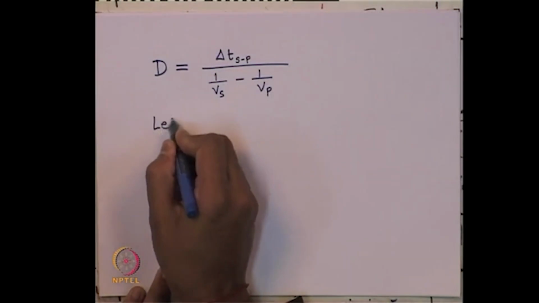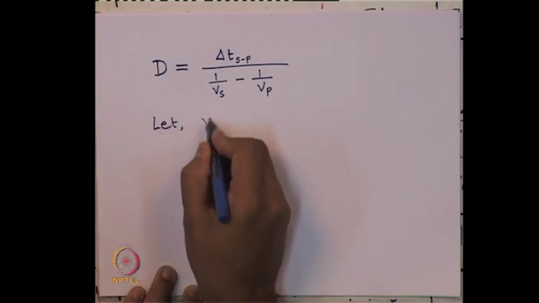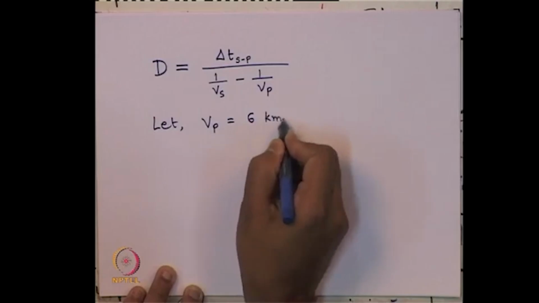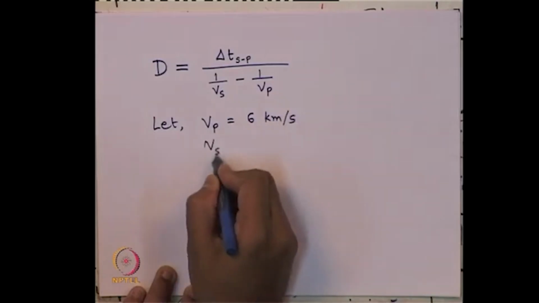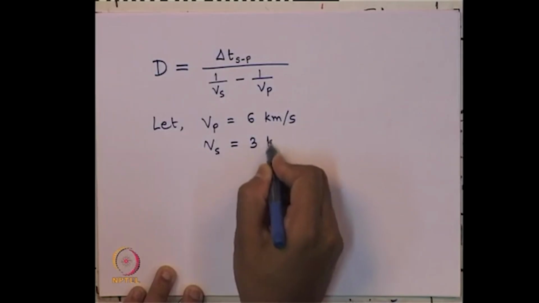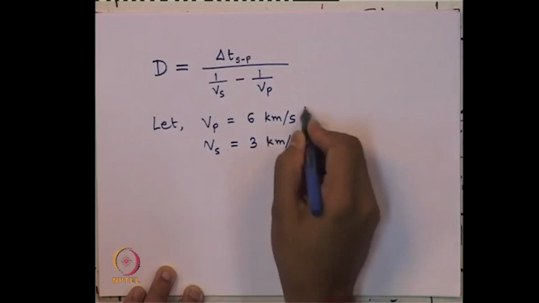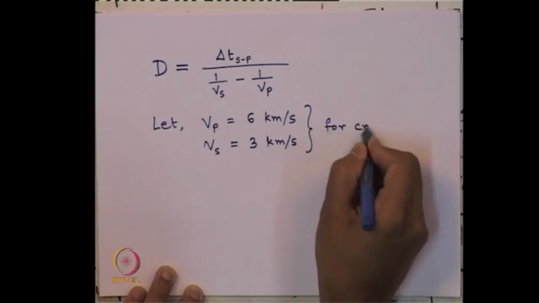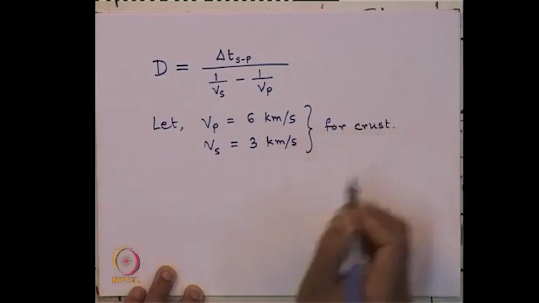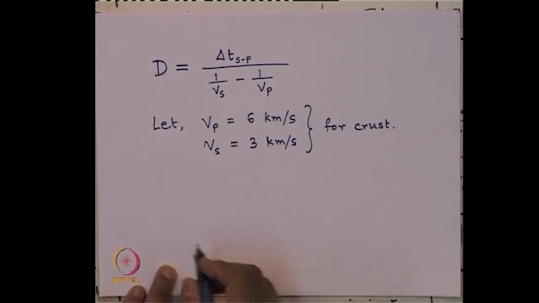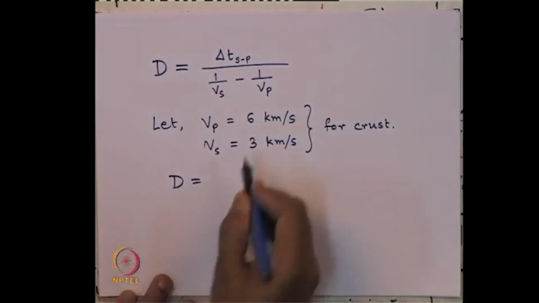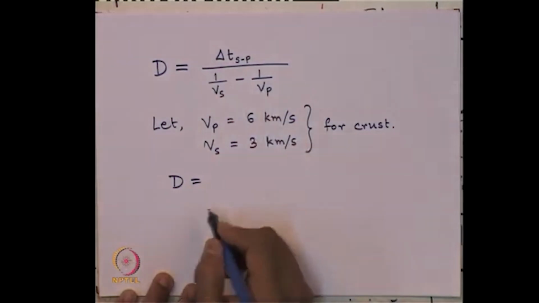Now, as I have mentioned about the assumption, let the value of Vp be 6 kilometer per second and the value of Vs be 3 kilometer per second. So, that is at crustal level. Now, if you simplify this after putting these values over here, what does it come to?